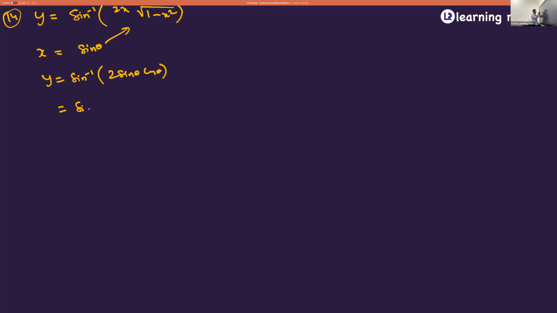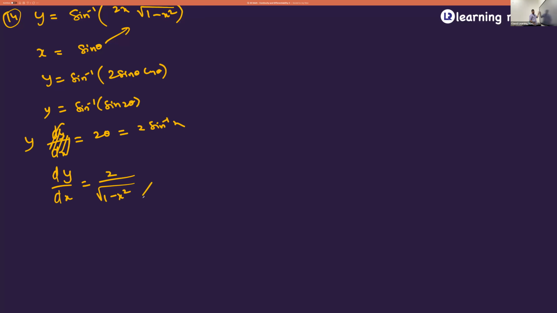So this is y, then what is the value of dy by dx? So y is 2 sine inverse x. So dy by dx will be 2 by root of 1 minus x square. Okay. But in this case, you would have substituted sine theta because of the value they gave. Look at the domain given for the function.